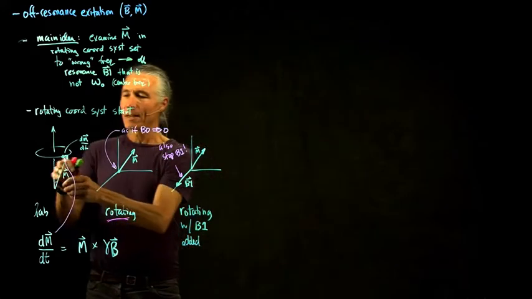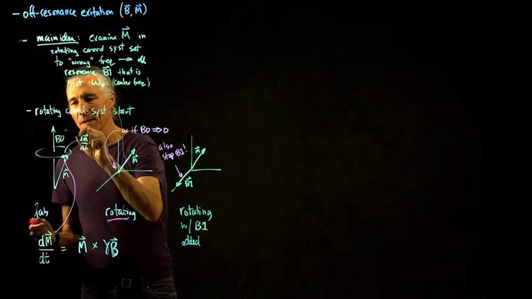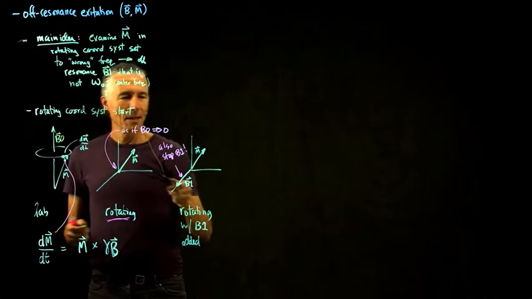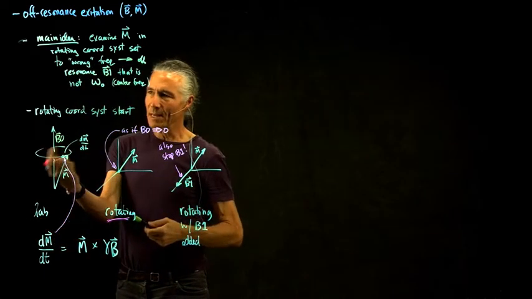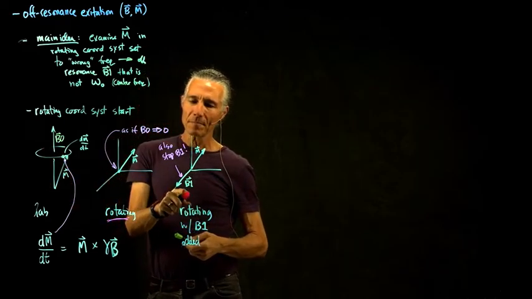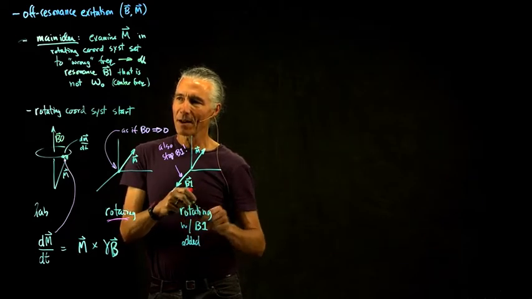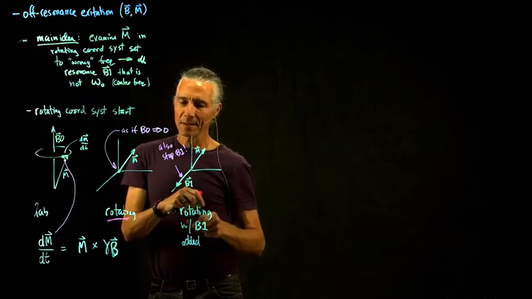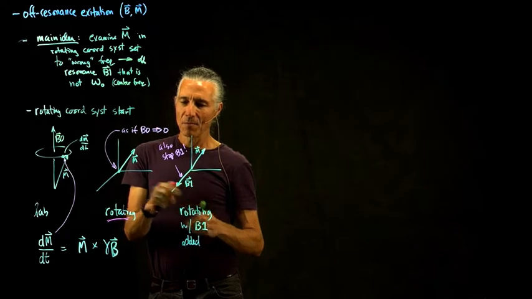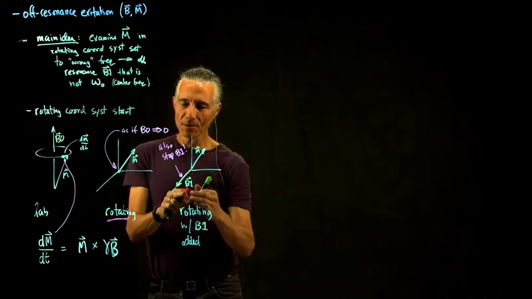So here we have our B0 this way, and we've got precession, but when we think about adding some B1, that's the high frequency RF, once we move to the rotating system, it stops the M, but it also stops the B1.